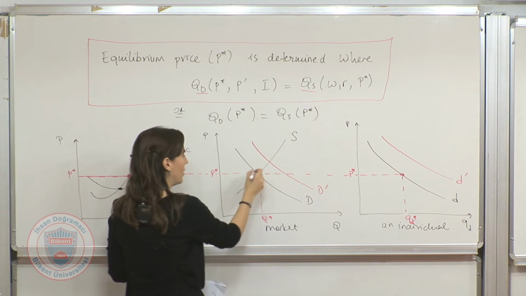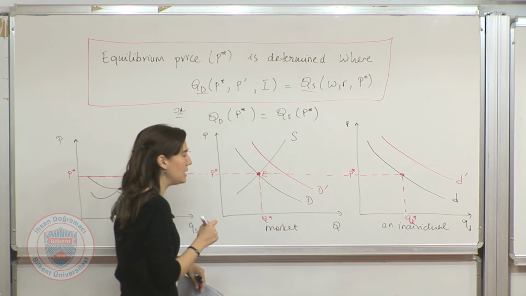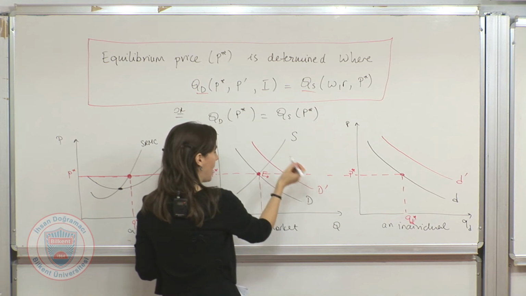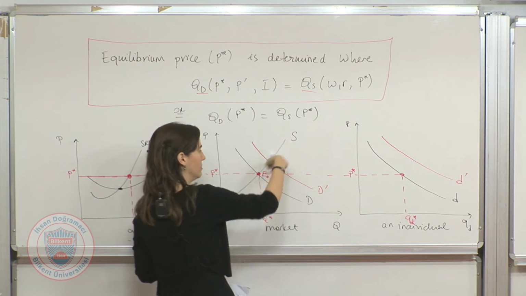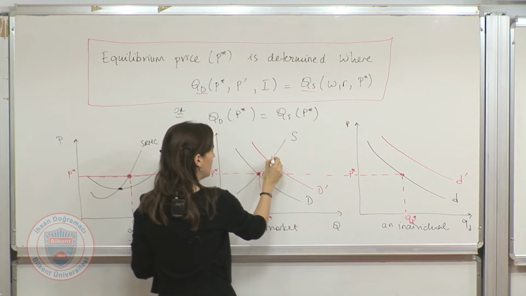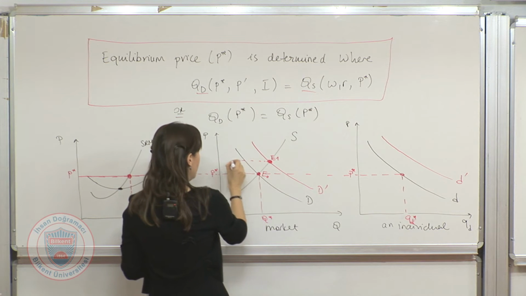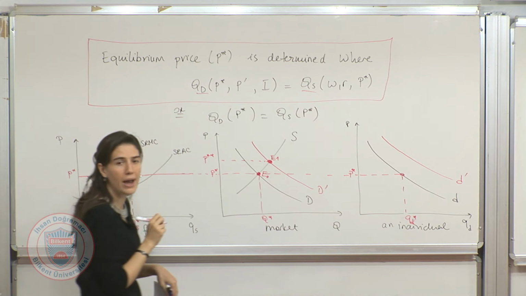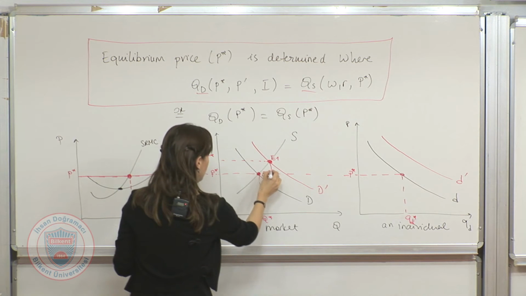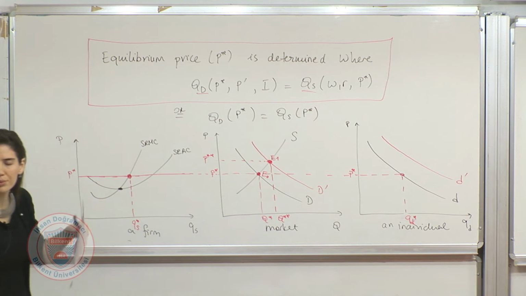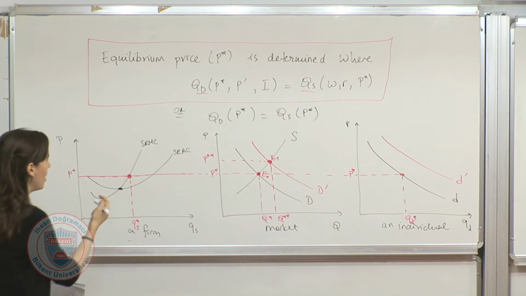And then what's going to happen? Let's call this E0 if you want. Now this is the new market demand. There's no change in market supply. And then this is going to be, let's call this E1. Now we're going to have a new clearing price and a new equilibrium quantity.